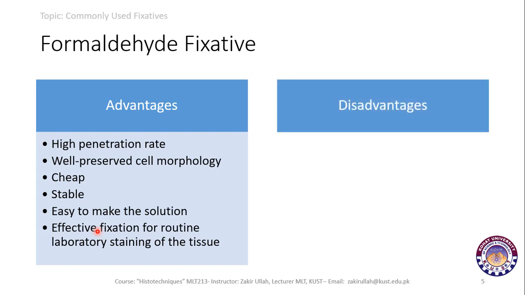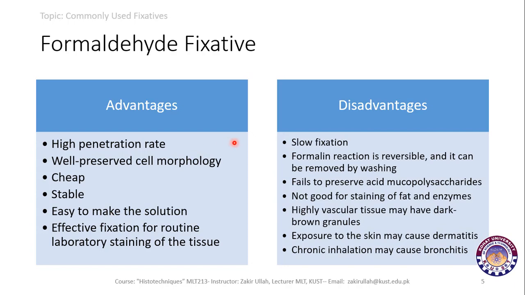Now, what are the disadvantages of using formaldehyde as a fixative? The speed of fixation is low as compared to other fixatives, and the reaction of the formalin is reversible, and the formalin can be removed from the tissue by washing the tissue thoroughly with water.